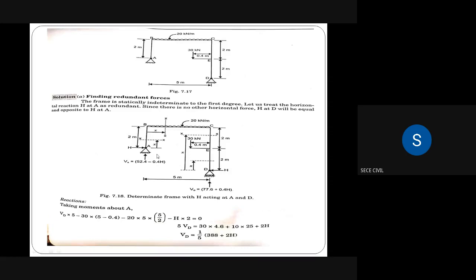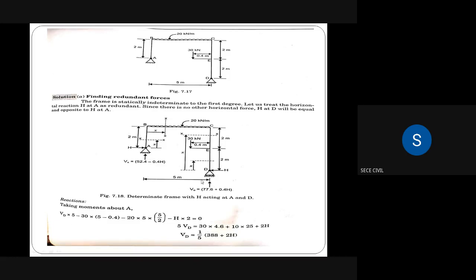For that we take moment about point A or point D. Here they are taking the moment about point A. Because of force at D, we get moment at A. First we consider VD. Taking moments to the right side of the section, anticlockwise is positive.